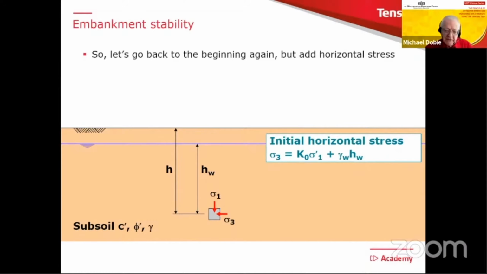And then to get the horizontal stress, we take the vertical effective stress, multiply it by K0, the coefficient of earth pressure at rest, and add on the water pressure again, and we get sigma 3. So we've now got the complete system of total stresses applied to the element.